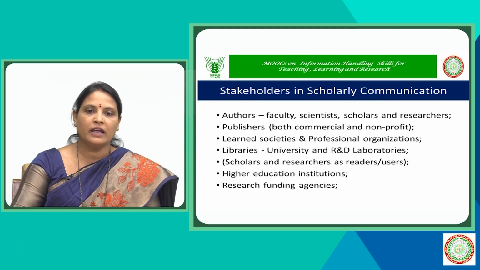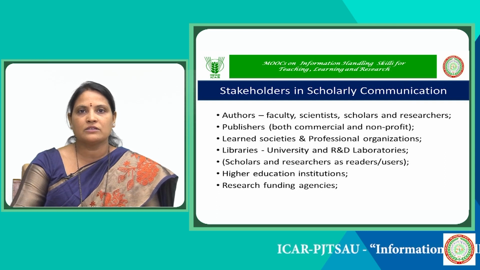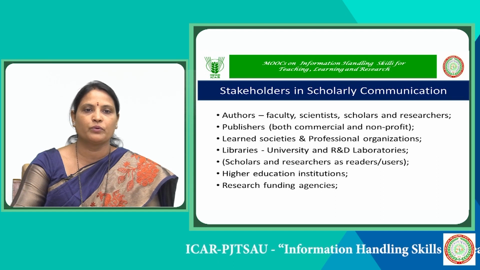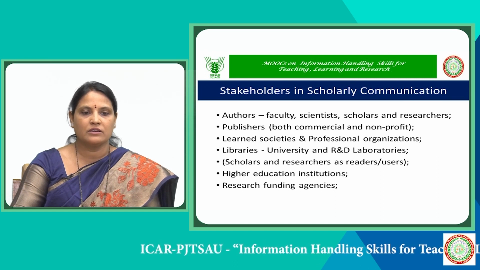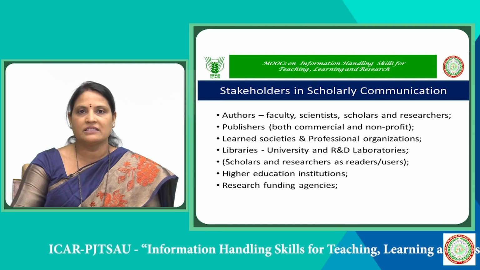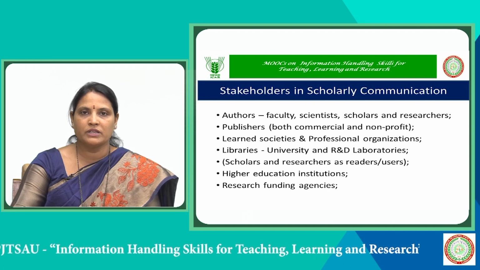Both commercial and non-profit organizations also publish papers, as do learned societies and other professional organizations. Libraries, that is university and R&D laboratories or institutions, also provide the papers or scholarly communication. Then higher education institutions and research funding agencies. So these are the stakeholders of scholarly communication.